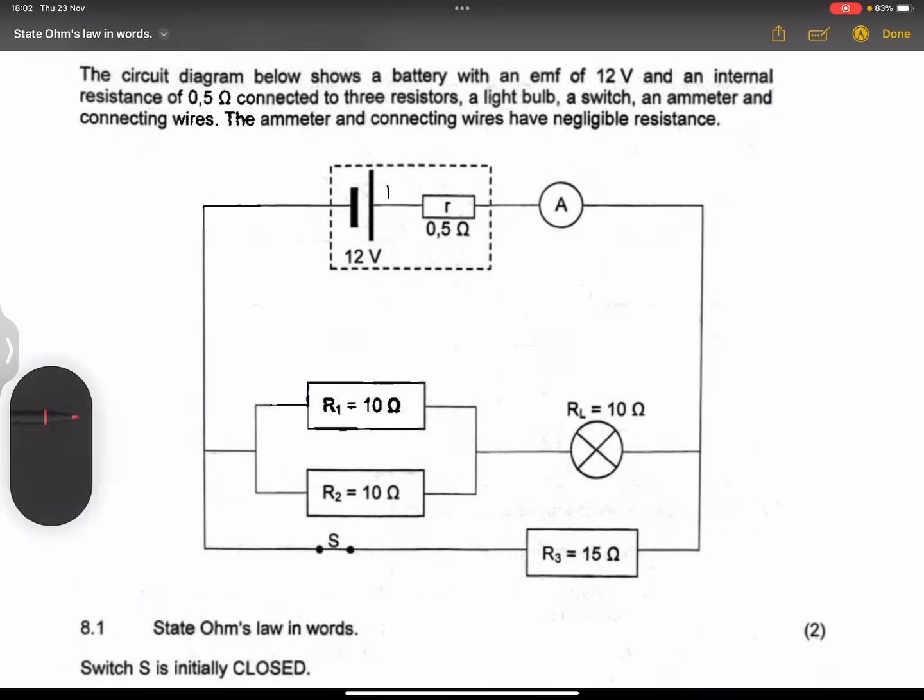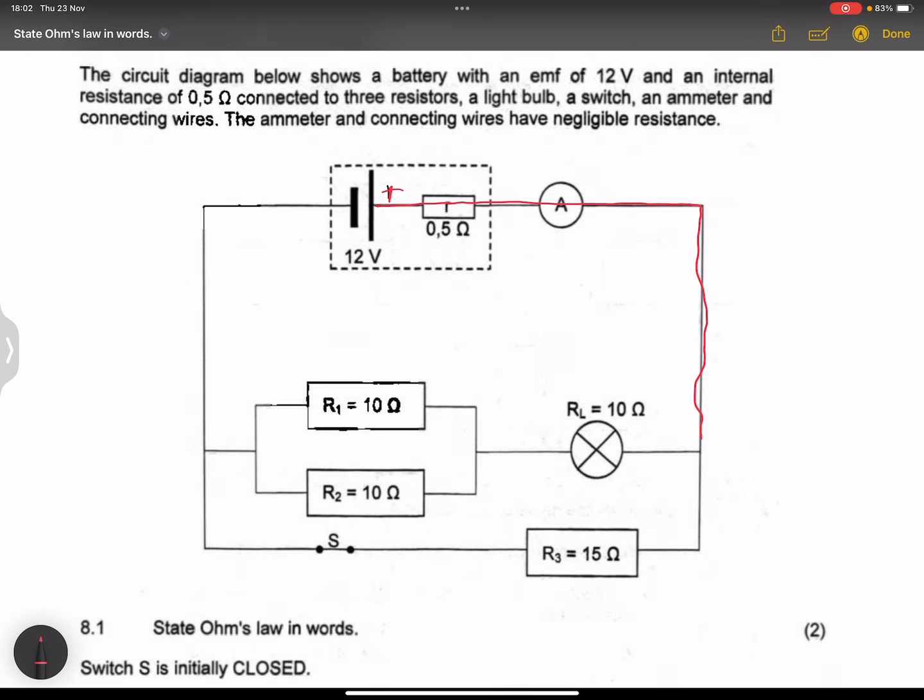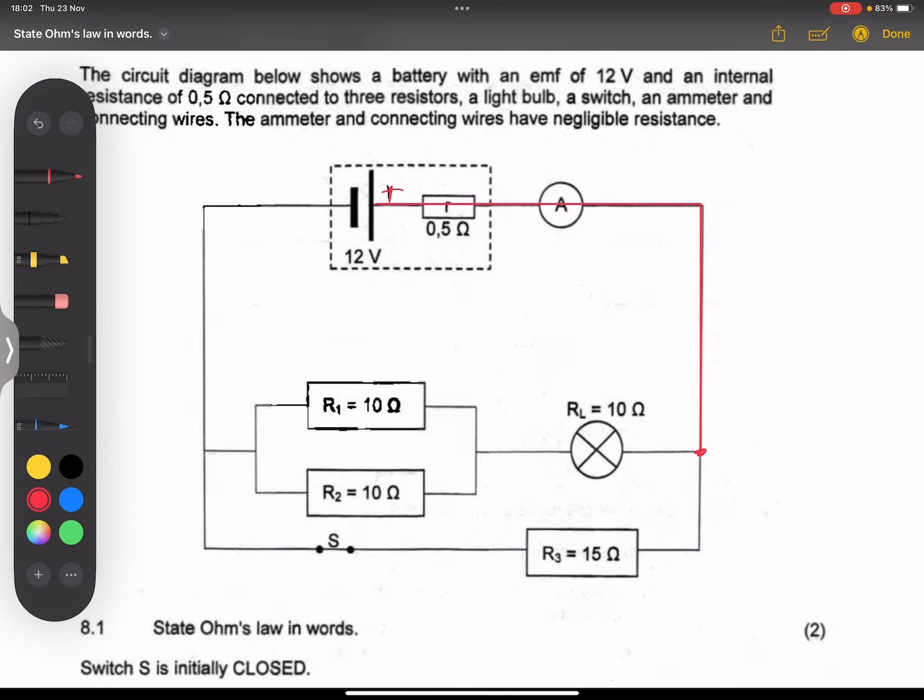Right, now what I want you to notice, ladies and gents, is that suppose we say current is moving. We know total current would be moving from our external circuit. Now we get to this node, what happens? We know definitely we're going to divide the current.